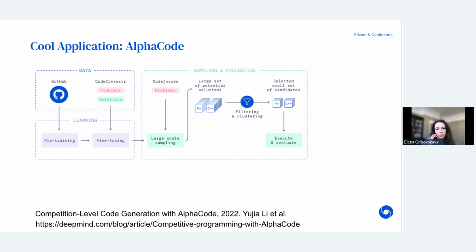So what are the ingredients of this model? The model starts with pre-training data. The model is a transformer-like model pre-trained from scratch using GitHub data.